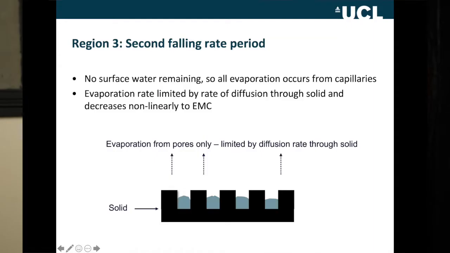So the lines on this graph are capillaries, very fine lines, and the water is moving to the surface and then evaporating. And in the second falling rate period, you're just getting evaporation from within the capillaries. So in both those regions, essentially the surface area from which the water is evaporating is reducing, and so that slows the rate of evaporation.